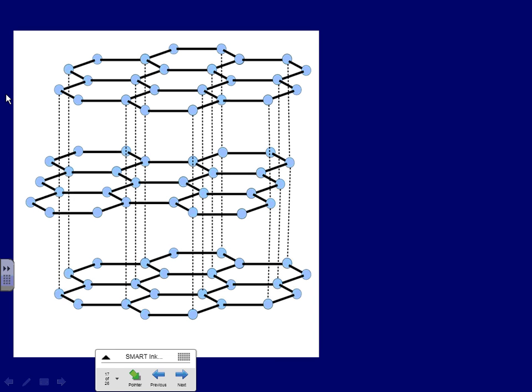In terms of graphite, each one of these carbons is bonded to 3 other sp2 hybridized carbons. Each carbon bonded to 3 sp2 hybridized carbons.